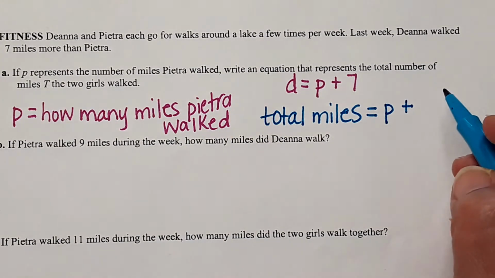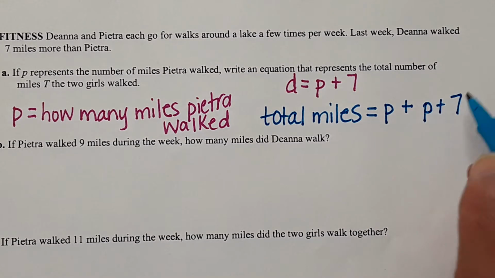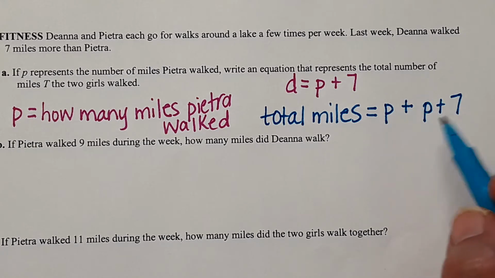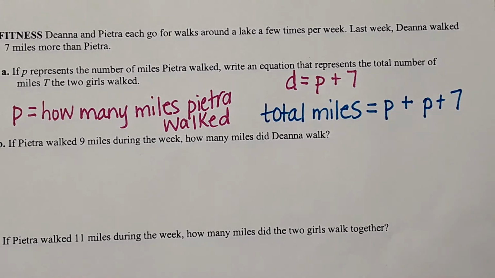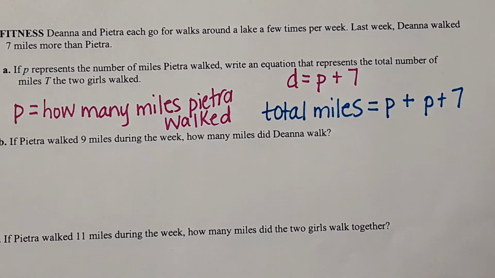Well, what is Deanna? It is P plus 7. Because total miles would be Petra plus Deanna, but instead of writing P plus D, because you can't solve it with more than one variable, we're going to write P plus 7. There's a couple of different ways that we could have looked at that, and you could have written total miles equals P plus D and then replace D with P plus 7.